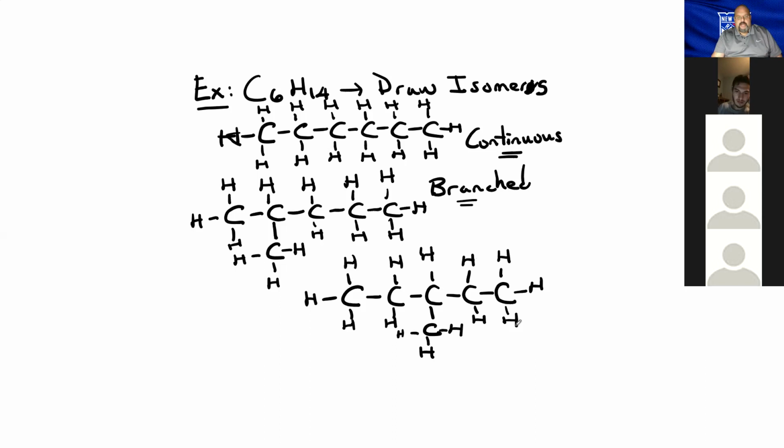Six carbons, check. 14 hydrogens, check. Each carbon has 4 bonds, great. What type of alkane are we dealing with here? We're dealing with a branched alkane, okay?